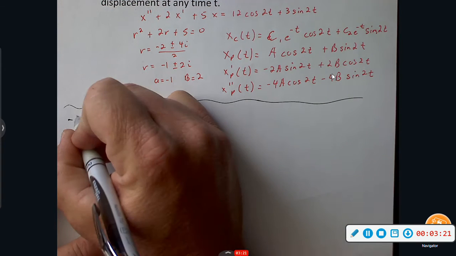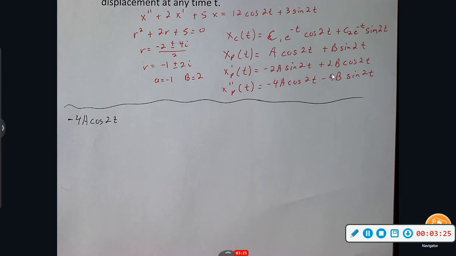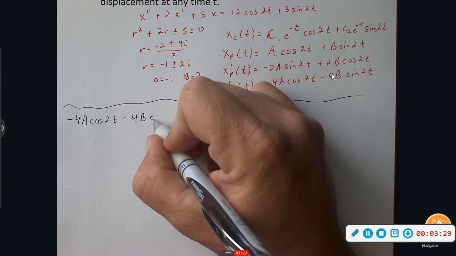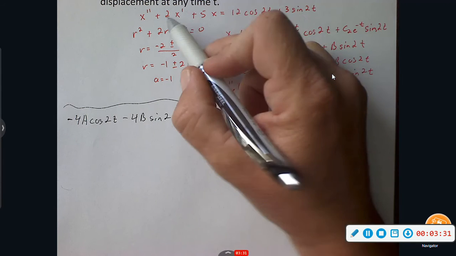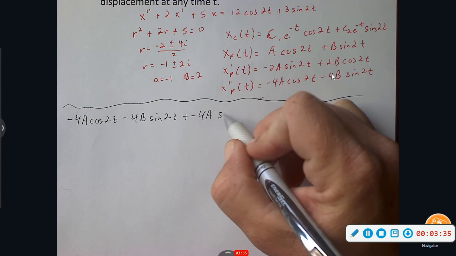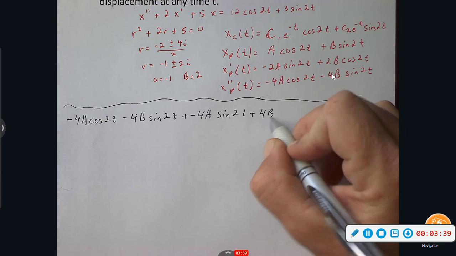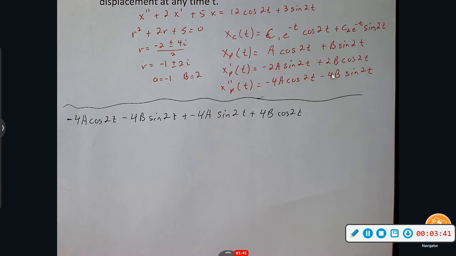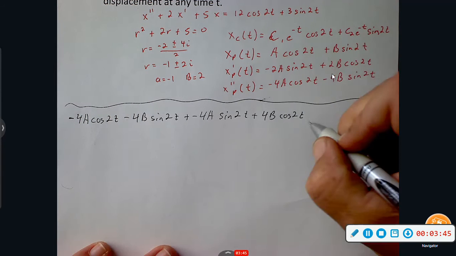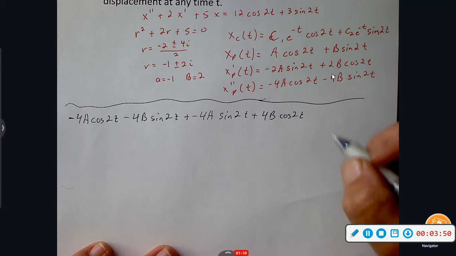So -4a cosine 2t minus 4b sine 2t, plugging in, plus 2 times this is going to be -4a sine 2t. 2 times 2b would be 4b cosine 2t, plus 5 times xp of t, a cosine 2t plus b sine 2t.